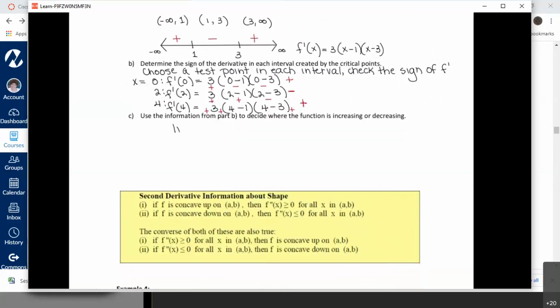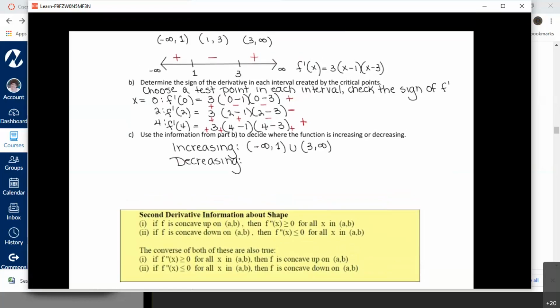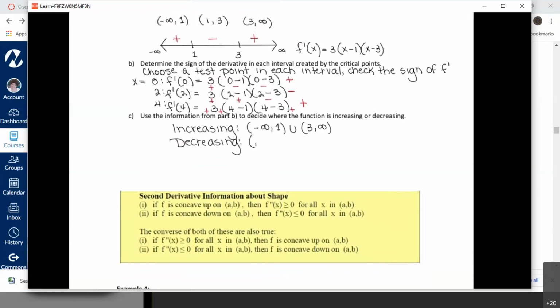So increasing from negative infinity to 1 or 3 to infinity, and then decreasing. There's only one interval where my derivative had a negative sign, and that's from 1 to 3.